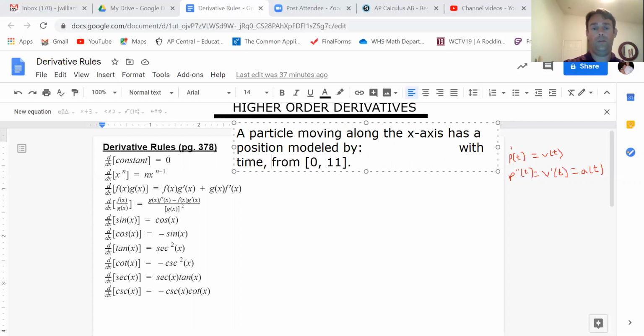Time t from 0 to 11. Determine the following.